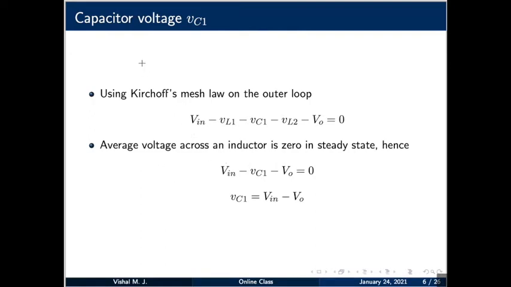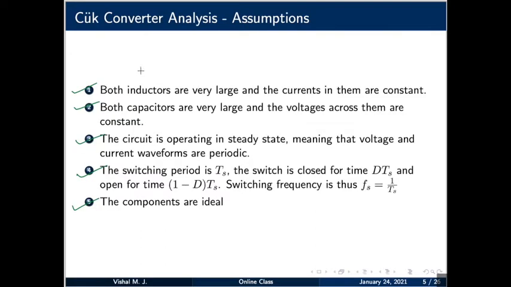One important difference here is that earlier we were using volt-second balance across the inductor, based on the principle that the average inductor voltage must be 0. We are not going to use this for the Cuk converter analysis. Instead, we will use ampere-second balance on capacitor C1 to derive the voltage gain of the Cuk converter.